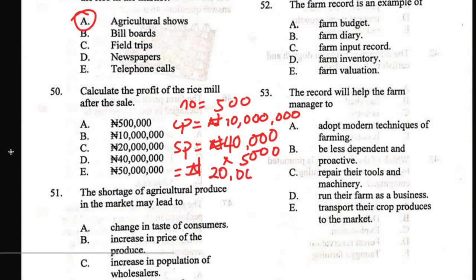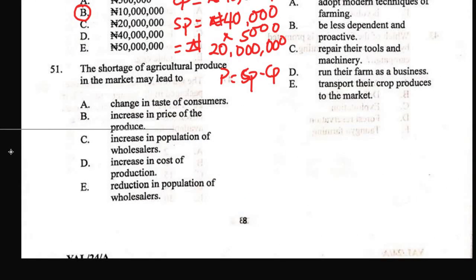To get the profit, it is selling price minus cost price. So 20 million minus 10 million gives the profit as B, 10 million naira.